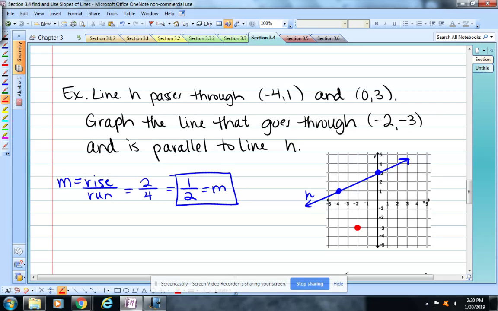And then I do rise over run for that one. So what do I rise? Up 1, to the right, how many? 2. And then you draw you a line, and they should not cross. So my red line is my answer.